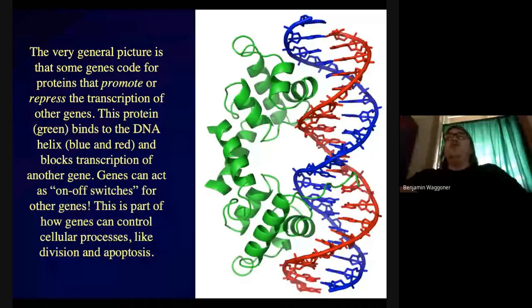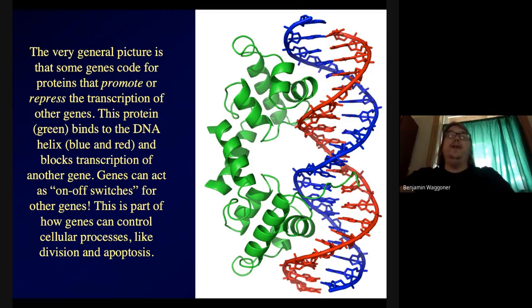But a really cool thing that DNA can do is this. DNA includes genes that are transcribed and translated into proteins, and then the proteins can come back and bind to the DNA, and in some cases they will promote other genes, and in some cases they'll repress them. So in this diagram here, the protein is shown in green.